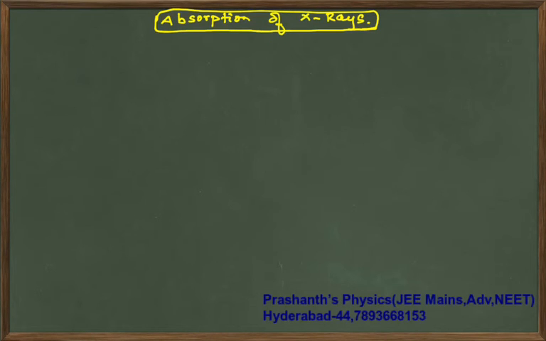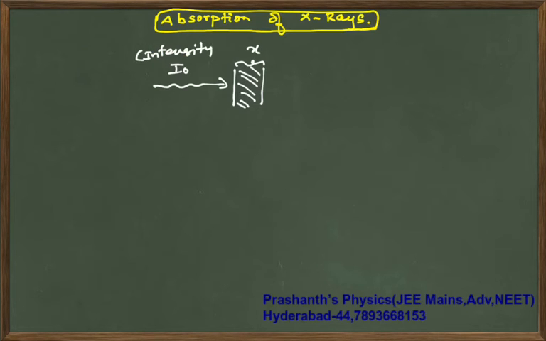So if you have an X-ray that is passing through some medium, let us say this medium's thickness is some x. Now if I naught is the intensity of the incident X-ray and the output X-ray intensity is some I, what will happen is your I will be I naught times e power minus mu into x.